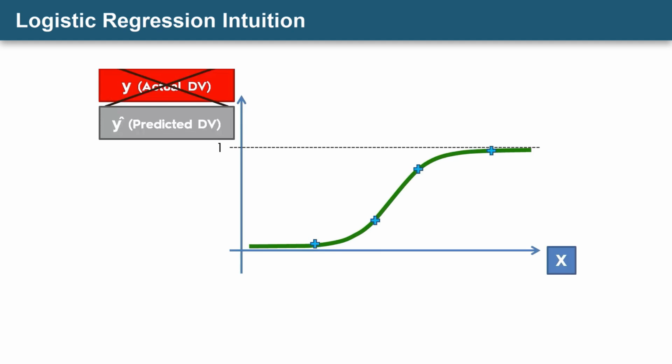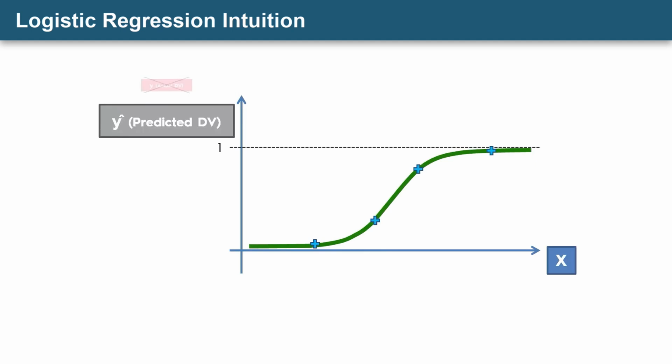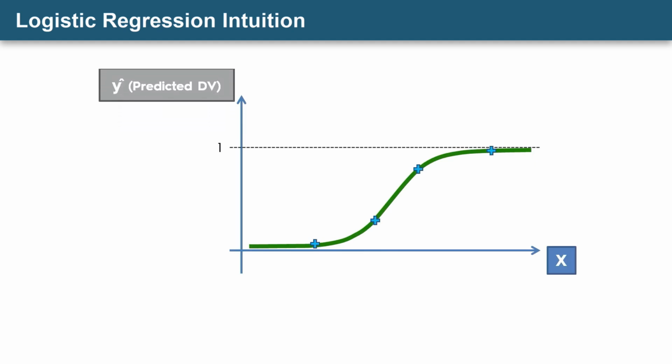How would you get y hat? Well, the approach is very arbitrary. You have to select a line. In this case, we are going to select 50%. You can select it anywhere, but 50% is usually selected because it's in the middle and therefore you have symmetry.